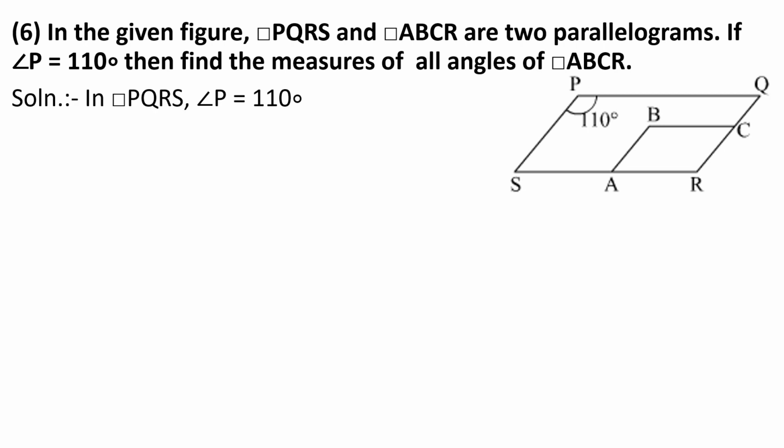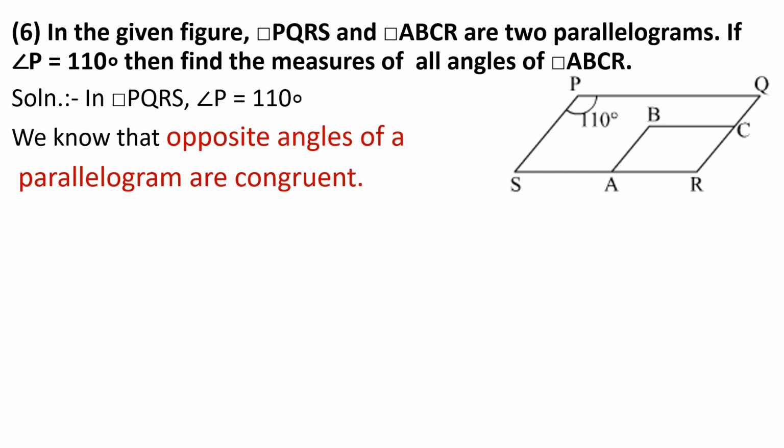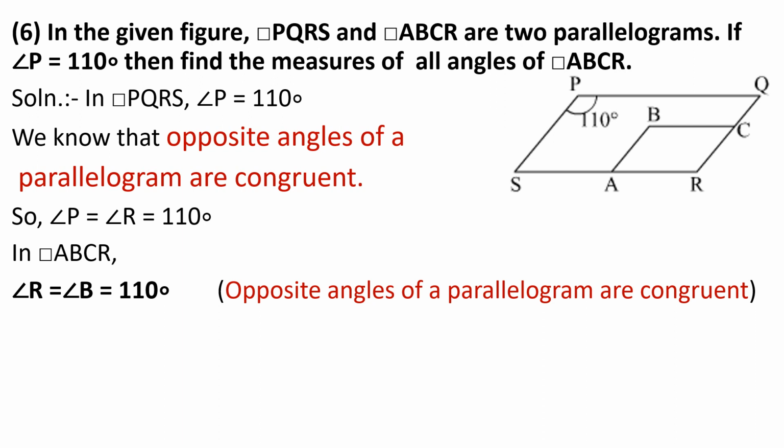Now let us start with what is given. In quadrilateral PQRS, angle P equals 110 degrees. But we know that opposite angles of a parallelogram are congruent. So the angle opposite to P is angle R. So the measure of angle R is also 110 degrees because P is opposite to angle R. Now in quadrilateral ABCR, angle B is opposite to angle R. Therefore, angle B also measures 110 degrees.